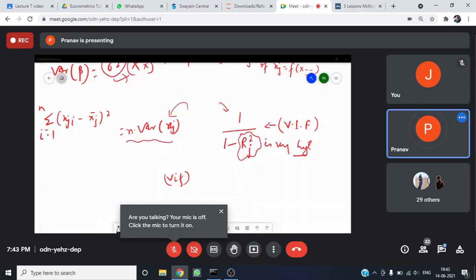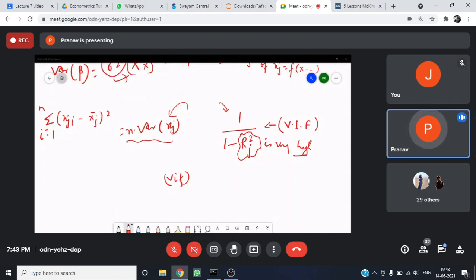So if R square is very high, what it automatically means is that a huge proportion, a large proportion of xj gets explained by the explanative variables which have actually included in the model. So it definitely means that xj is correlated, or xj is significantly correlated with the other explanative variables in the model, and it will be better if you remove xj out of the model.